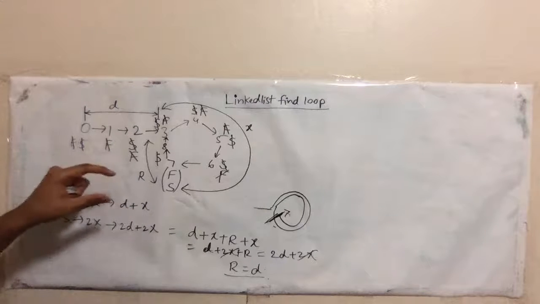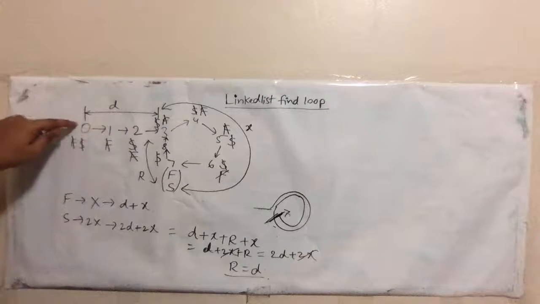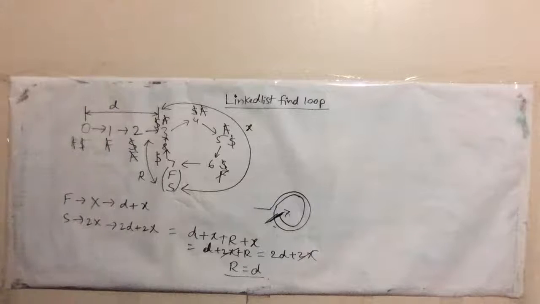So what does this mean? This length r is equal to d, from the starting point to where the loop begins. So this is one statement.